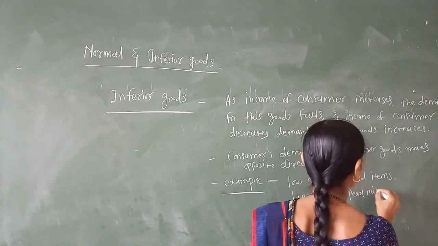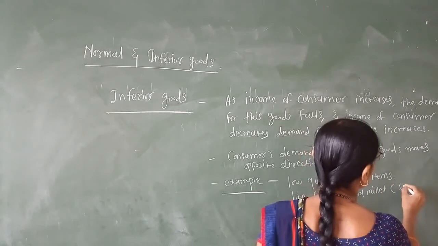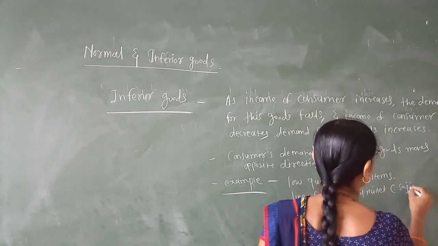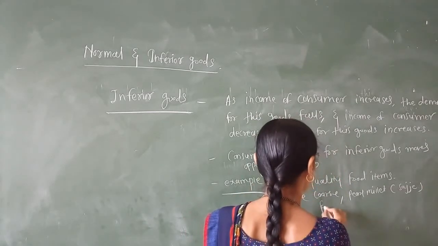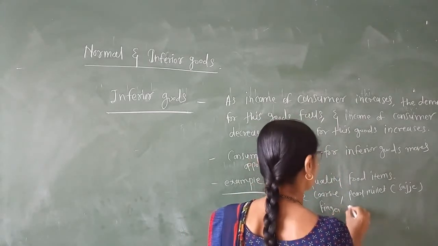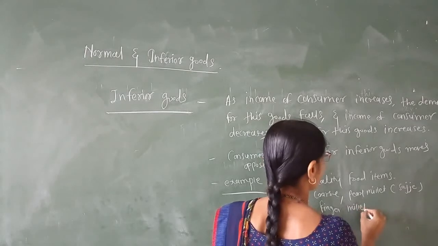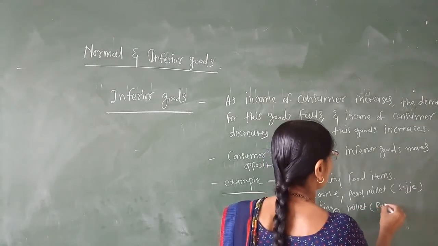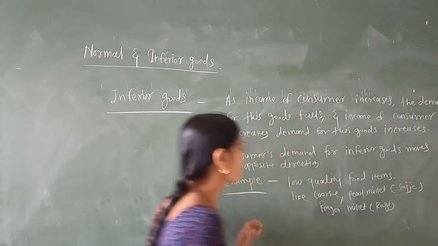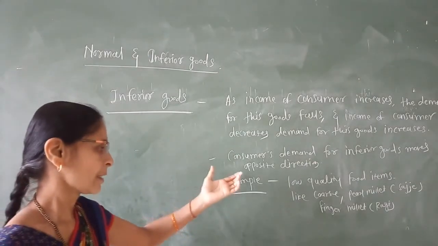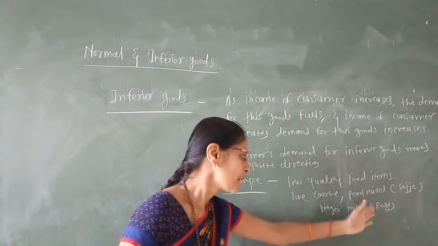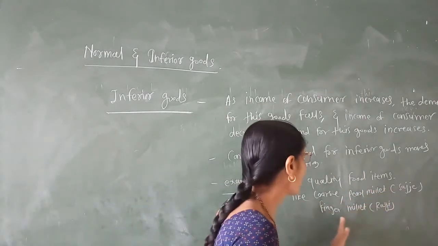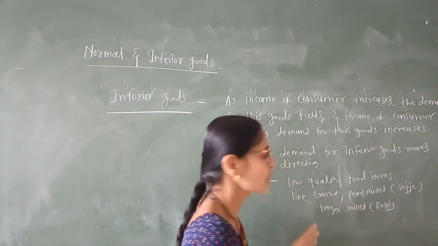Pearl millet means here the sajje, and like the finger millet, means ragi. See here, these are the low quality food items: pearl millet, meaning sajje, or finger millet, meaning ragi, or coarse grains.